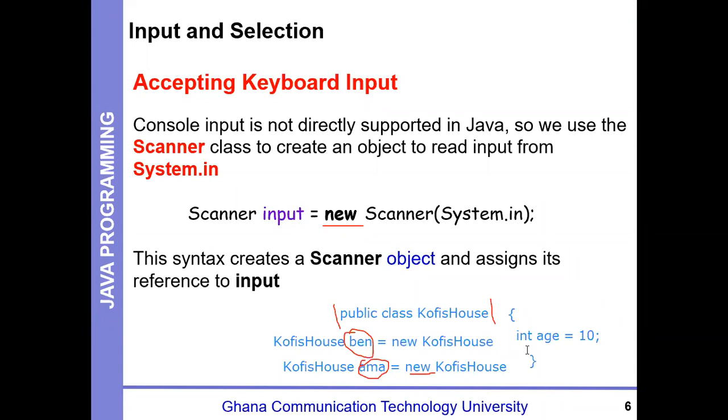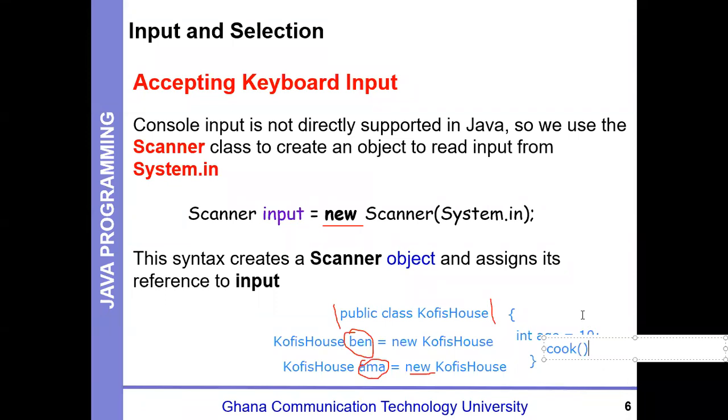So when you are creating a class in Java, you need to include all the other things that you want the objects to be able to do. So if in Kofi's class, I create a method called cook. We'll come to creating methods later on.